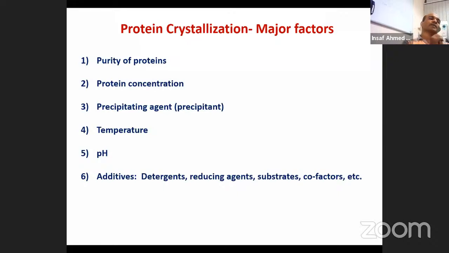Now suppose you have a protein that you have purified, and it had a transmembrane region. After purification you want to perform the crystallization. If you do not add detergent, that transmembrane region will interfere in the folding of the protein, because the transmembrane region has the nature to go and insert into the membrane.